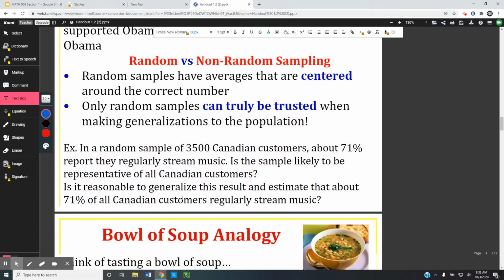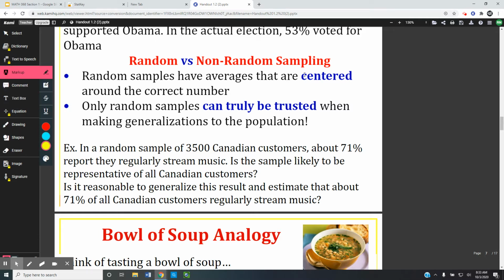To be within 1% is really, really good. Random samples have averages that are centered around the correct number. That's big for you right there. Centered around the correct number. Only random samples can truly be trusted when making generalizations about the population.